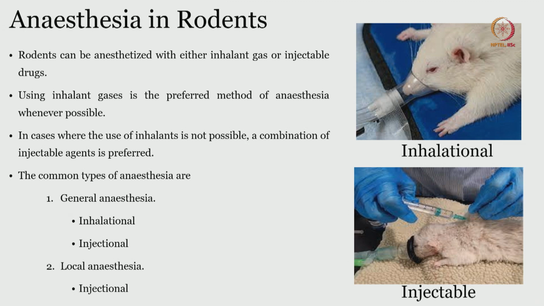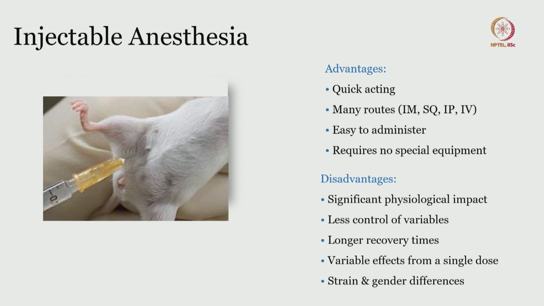And then whenever the inhalants are not possible, the various drugs are combined to induce anesthesia, and these we have already gone through: general, local, and under general you have inhalation and injectional. So what are the advantages of injectable anesthesia?